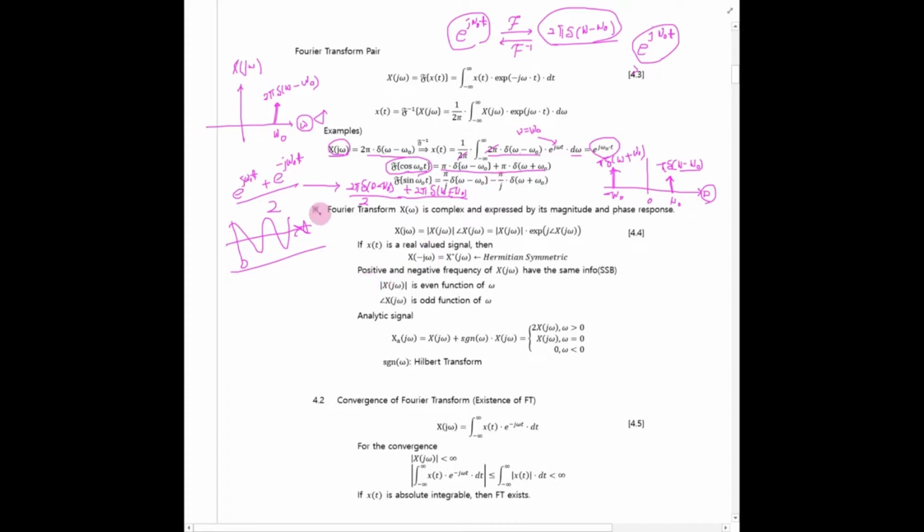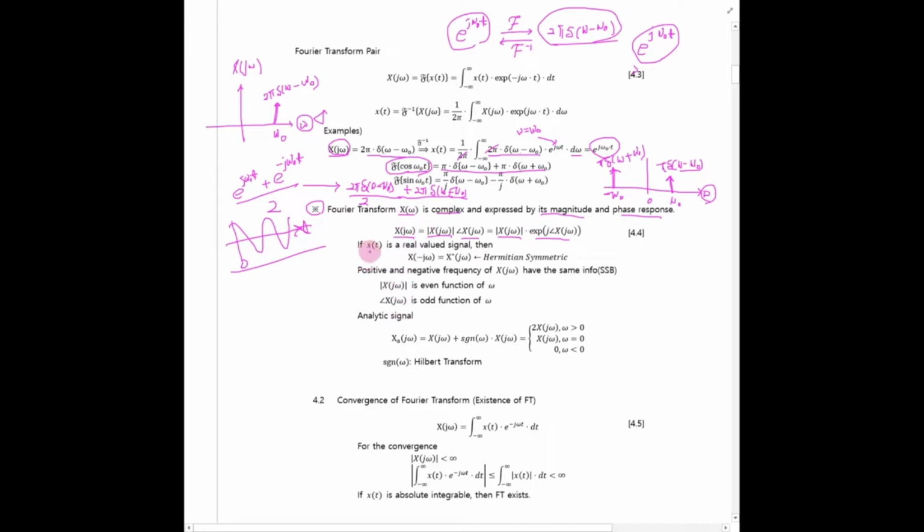This is another comment on the Fourier transform. Usually the Fourier transform is a complex number. A complex number can be expressed by its magnitude and phase. So the complex number X(jω) has magnitude and angle, or we can express the same thing in this way, as complex exponential functions. So magnitude and angle are usually used to plot or express the Fourier transform function.